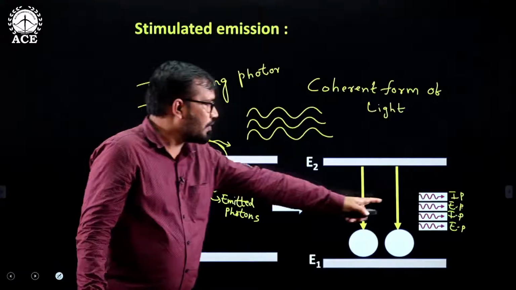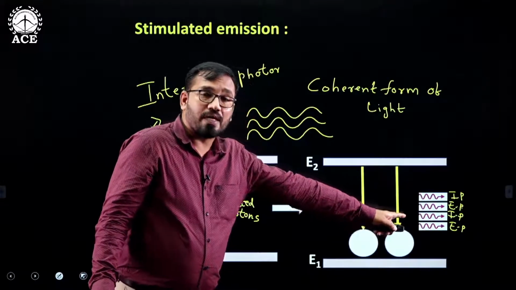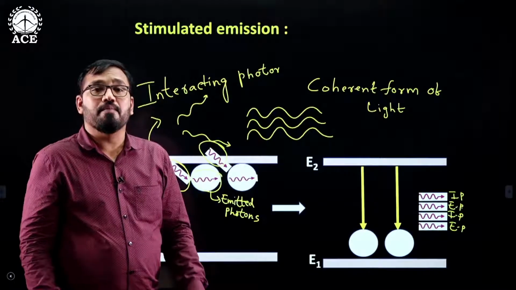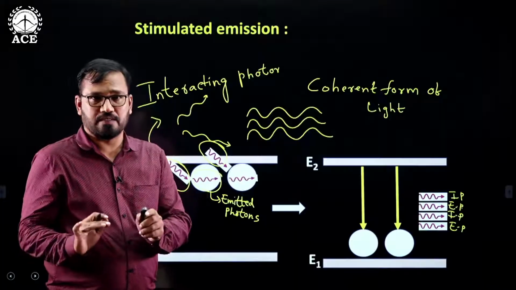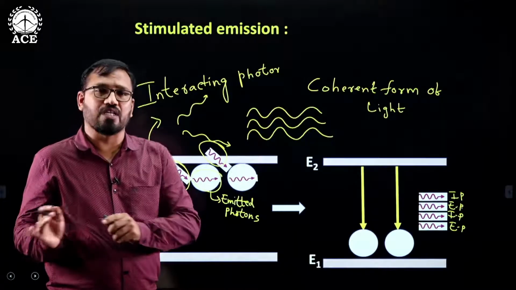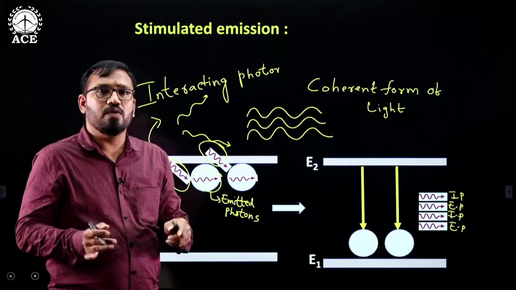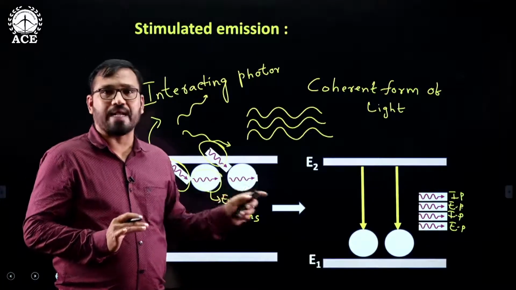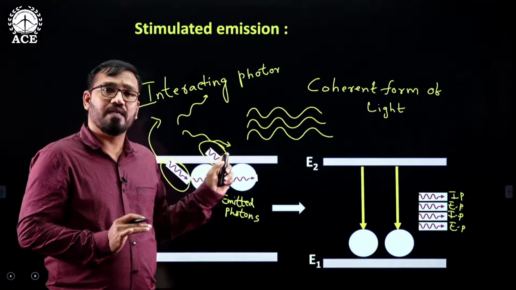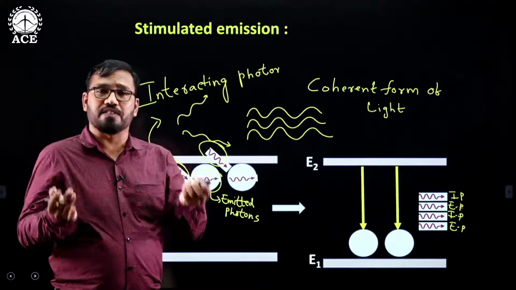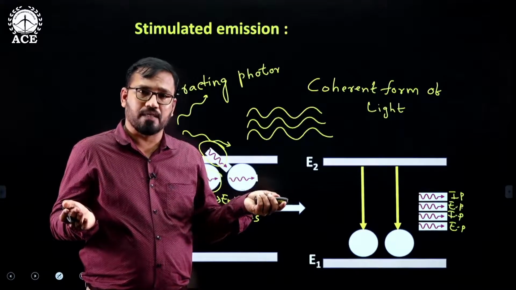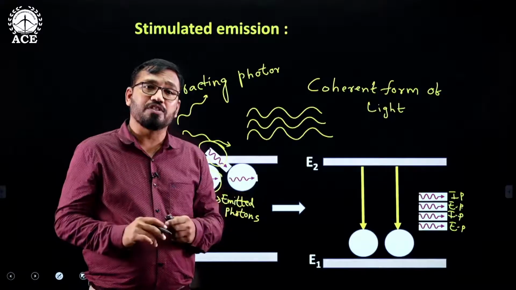Whereas in the case of stimulated emission, whatever photons are emitted maintain a constant phase difference and a particular directionality. So they will give a single color, monochromatic, whereas ordinary light will have different frequencies. That is called polychromatic. Where do you get ordinary light emission?